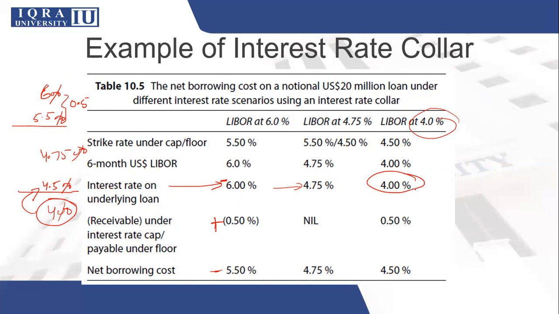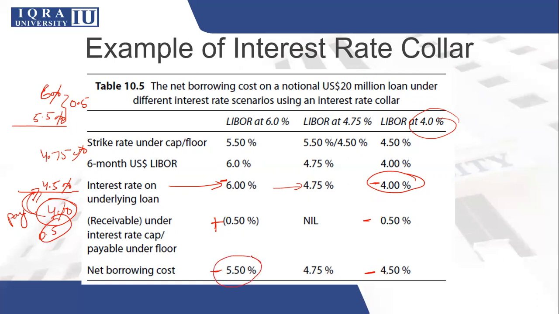But you cannot enjoy this 4% because you have sold a floor. Now, because you have sold a floor, you will have to pay over here the difference of 0.5%. So you will have to pay the 0.5% and your net cost will go back to 4.5%. So you will always stay in this range.